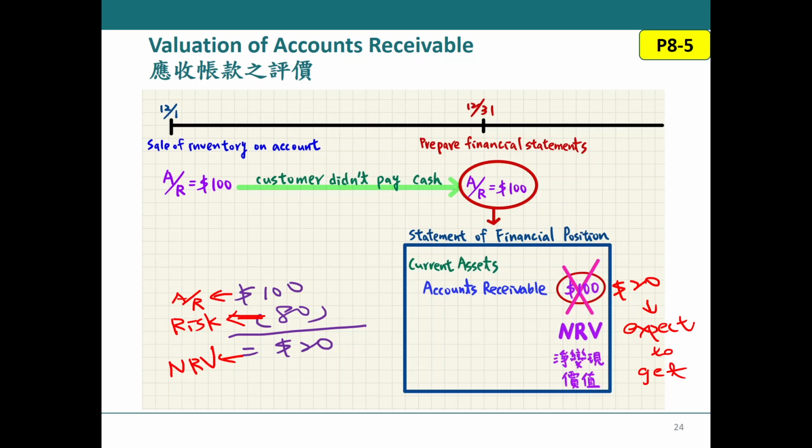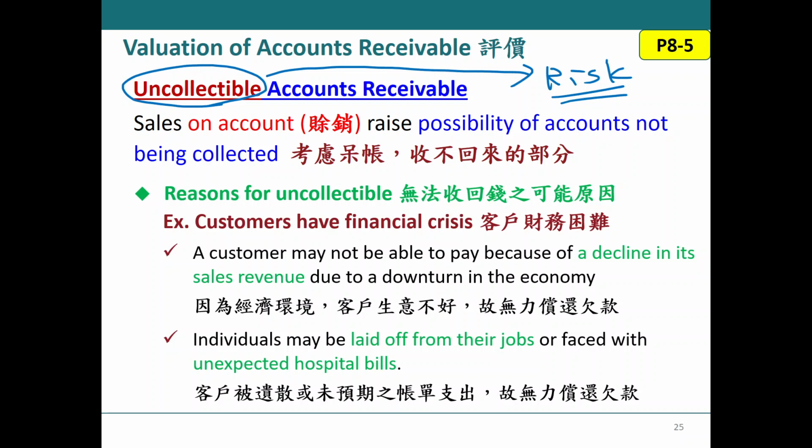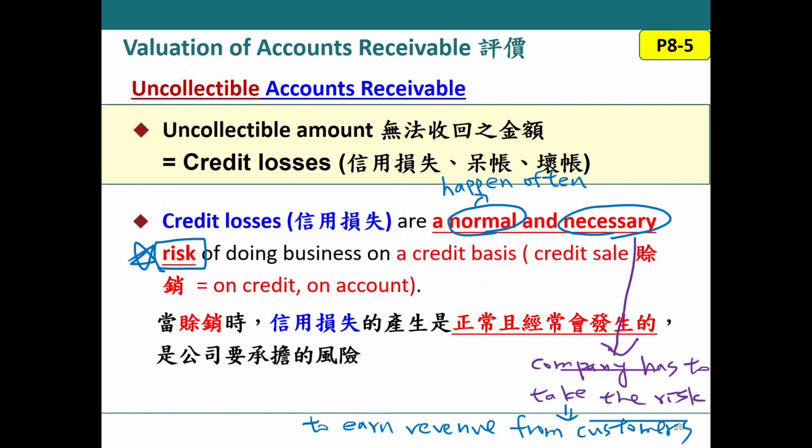Not yet. Because on the last day, we consider the other company's whole situation. Then we expect, I think maybe 80 cannot get back. Maybe in the future, I only get back 20. So did it happen yet? Not yet. Okay. So even though the risk didn't happen yet, we still have to consider it.